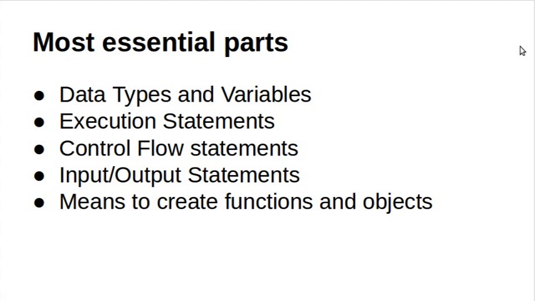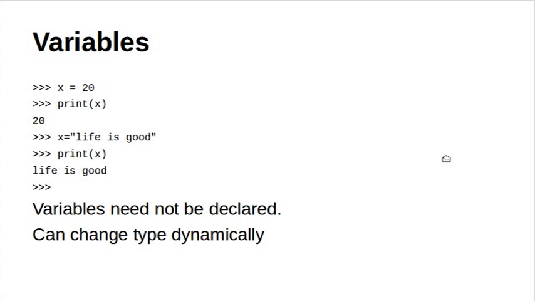There are execution statements and control flow statements, which could be if then else, for loop, while loop, etc. There has to be some means of taking input and output from the user, and some means to create functions if you are doing structured programming, or create objects if you are doing object oriented programming. Functions would be required in object oriented programming also, because ultimately every object would store some data and provide some functions.